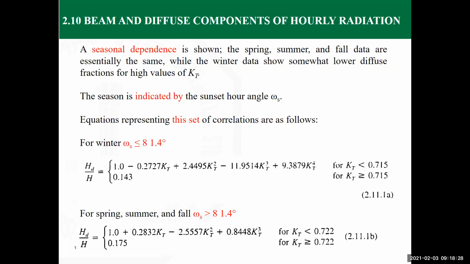So he came up with these kinds of equations and clustered them based on the seasons, spring, summer, and fall on one hand, and winter on the other hand, specified by the sunset angle of 81.4.